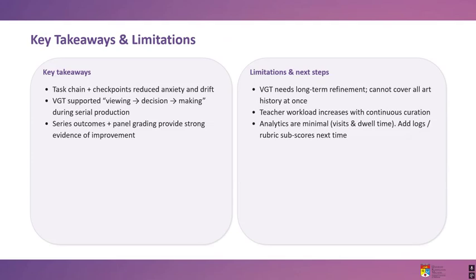Based on the baseline, process materials, completion data, and panel grading, my cycle 2 conclusions are: first, students moved from copying pictures to intentional expression, and they could keep these expressions going across a series. Second, VGT effectively supported serial creation in class.